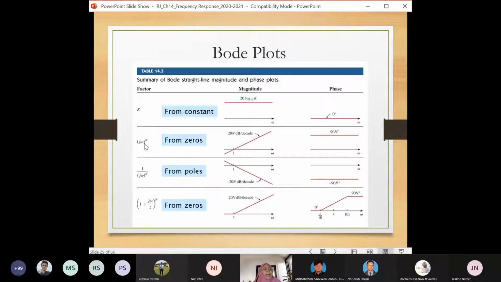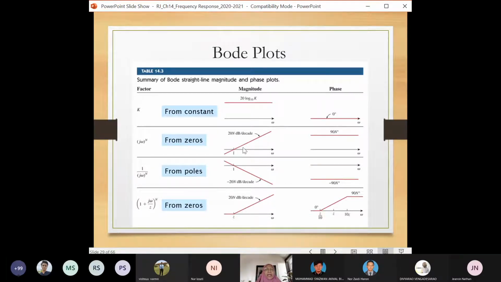For zeros, j omega to the power of n, you will have a turning frequency at 1, where it cuts across, and the slope starts from 1. When the frequency is 10, the amplitude here will be 20.